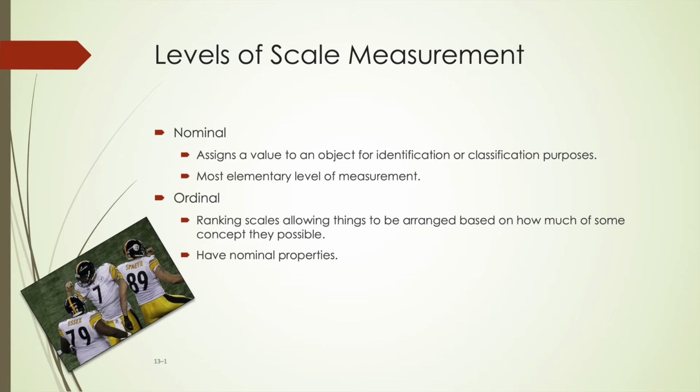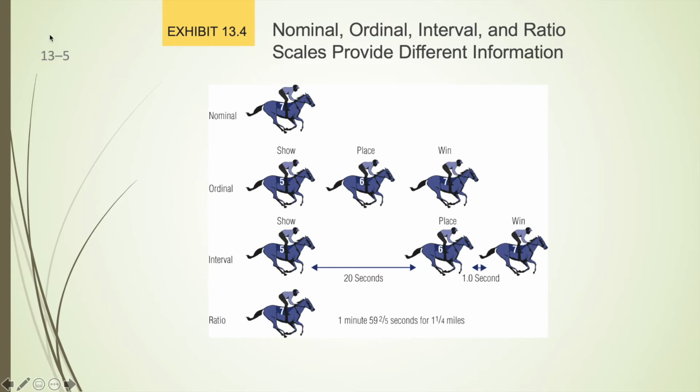So it is common to have both ordinal and nominal data. You see here with nominal, it just shows you the number 7. Ordinal shows you the places or the positions that these numbers have. Number 7 placed first, number 6 placed second, number 5 showed.